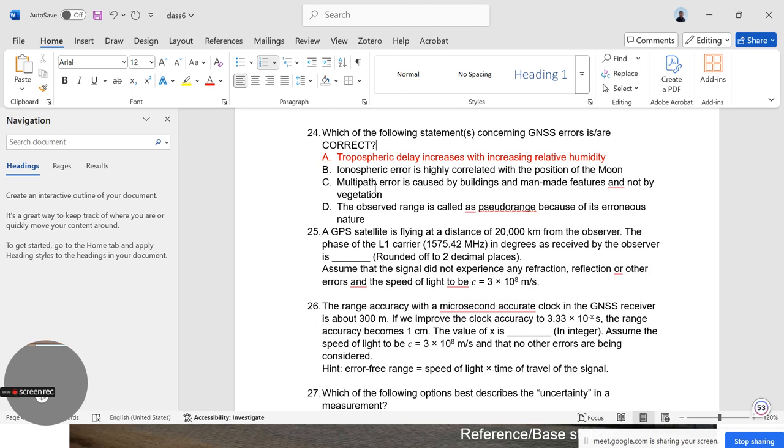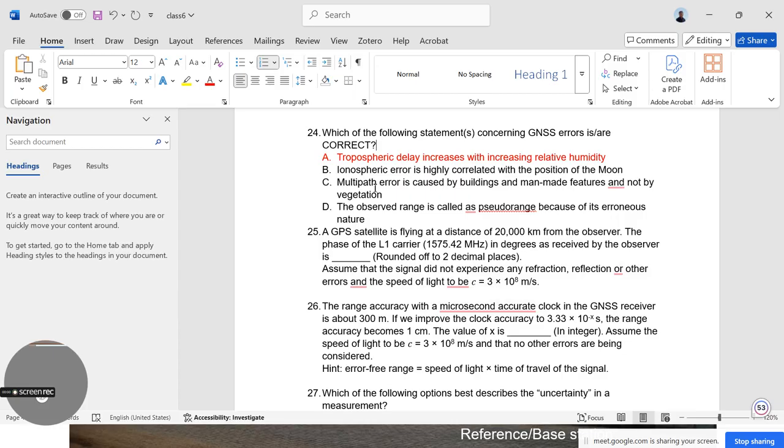D, the observed range is called a pseudo range because of its erroneous nature. So is it true or false? This statement is true. Why true? Because the observed range we are using is code pseudo range and phase pseudo range.